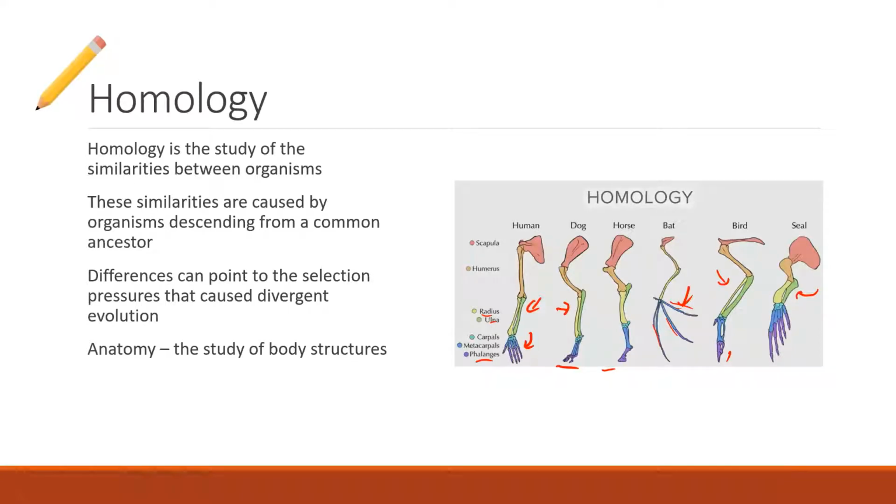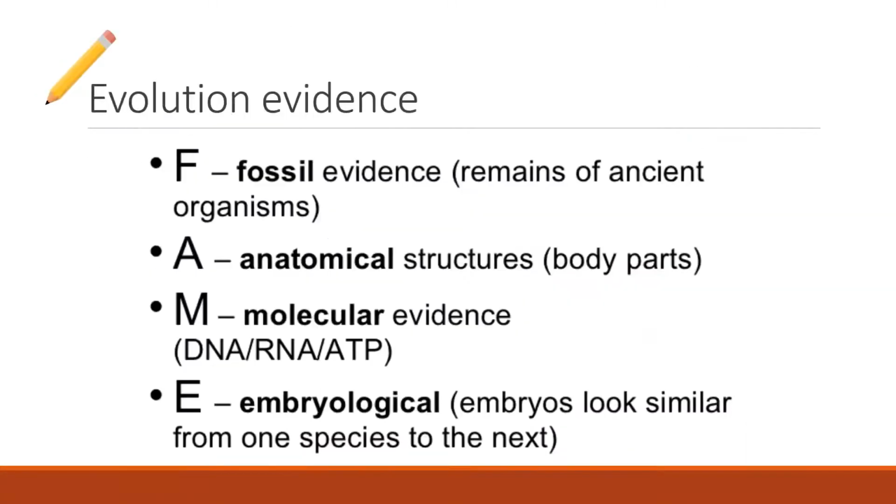This could be similarities in their anatomy, in the way that they're shaped, because anatomy is the study of body structure, or there could be similarities in behavior as well. And of course, different points along the evolutionary journey have caused these animals to evolve differently.